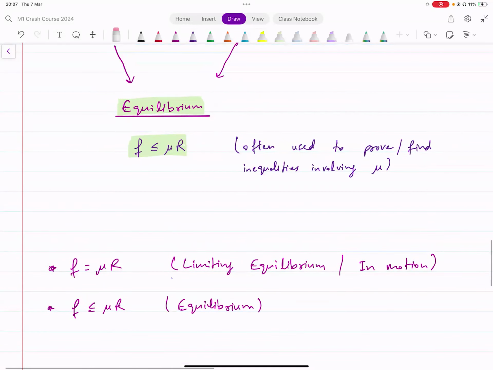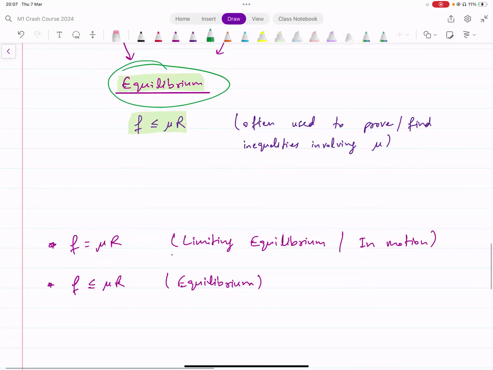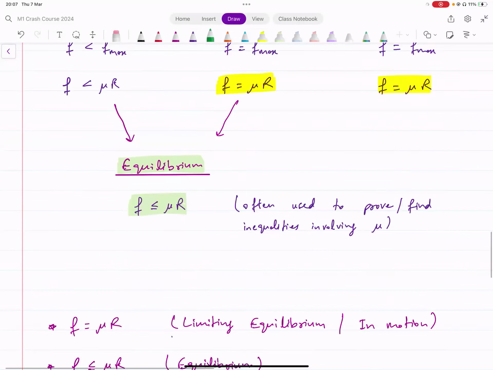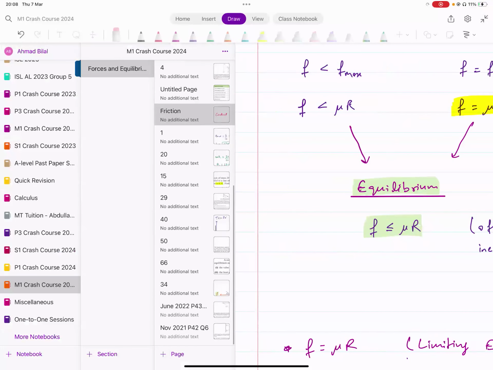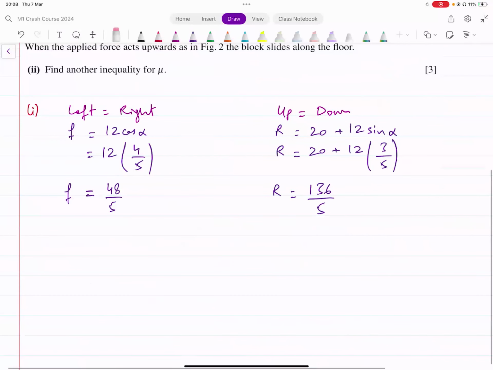We have to prove an inequality here, and we know it's equilibrium, and we are not sure whether it's limiting equilibrium or non-limiting equilibrium. If it's either of these two things, that means friction is going to be either less than the maximum value or equal to the maximum value. That means F is less than or equal to mu R. That's what we use here. We say since it's equilibrium and we do not know whether it's limiting or non-limiting equilibrium, F should be less than or equal to mu R. That's the condition that we have for equilibrium.